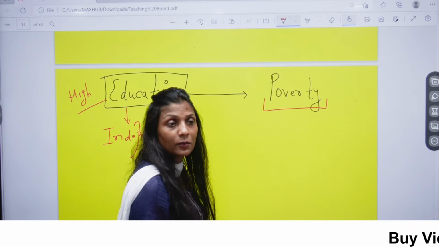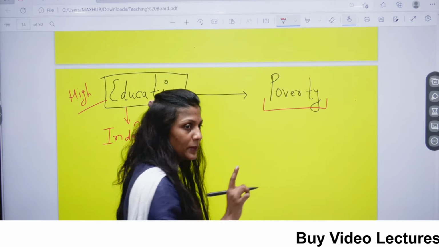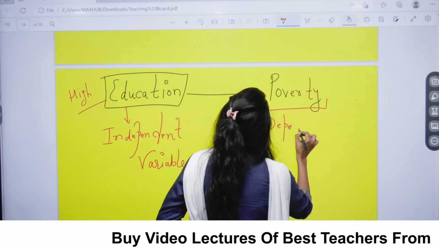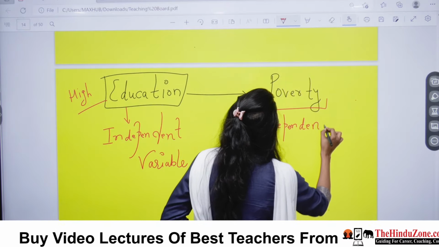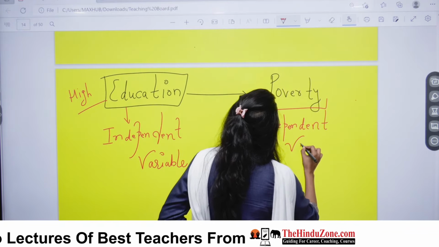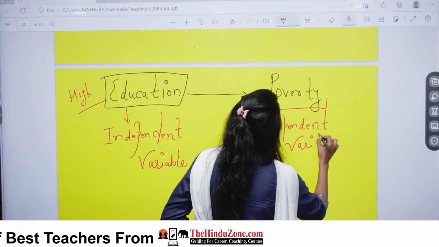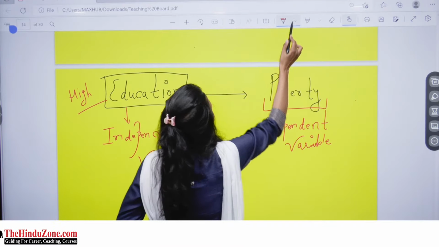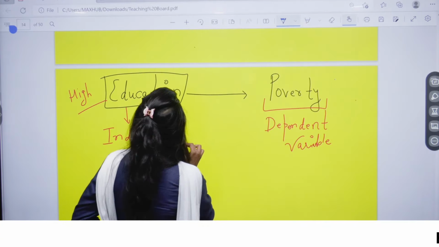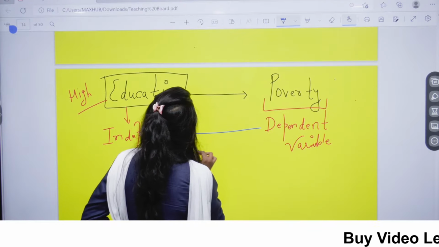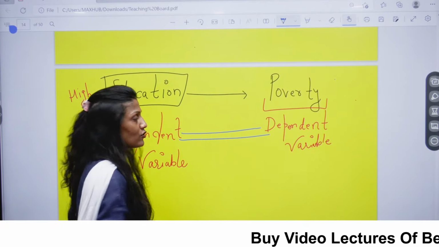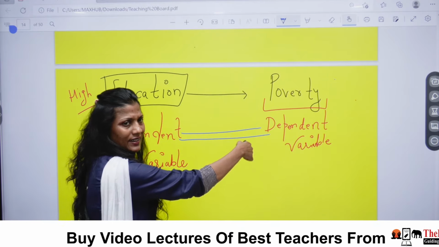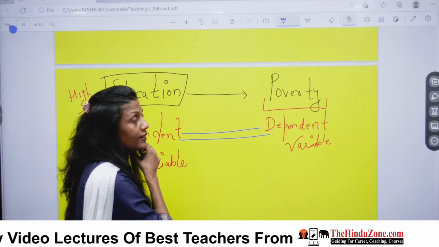Who said independent variable? Dependent. It's the dependent variable. And it's dependent on which? It's dependent on this. So they have a relation. In anthropology, we connect these two with marriage lines, but you can say that they are both connected. All right.